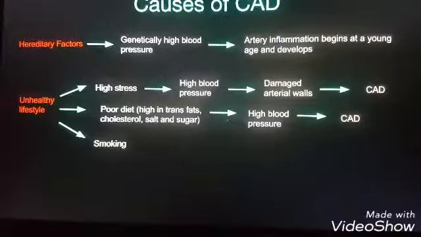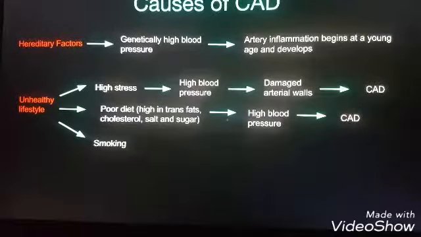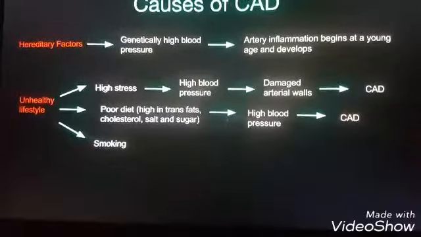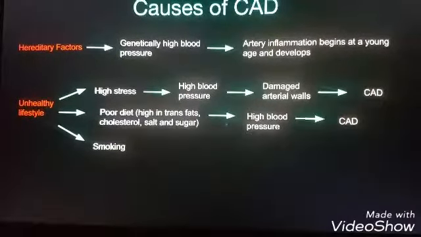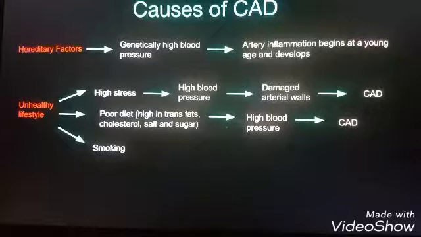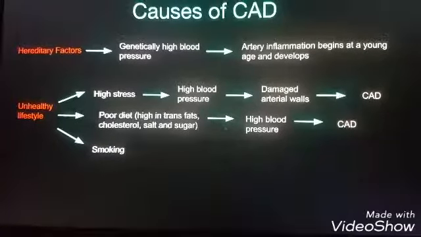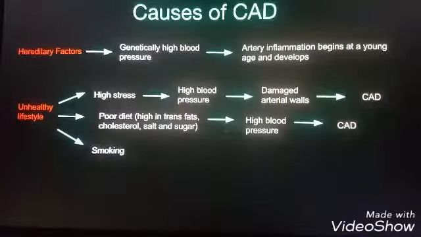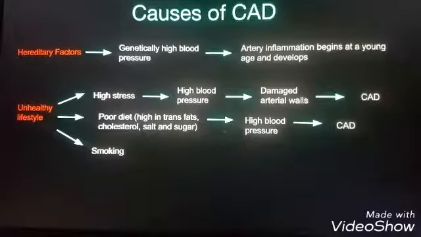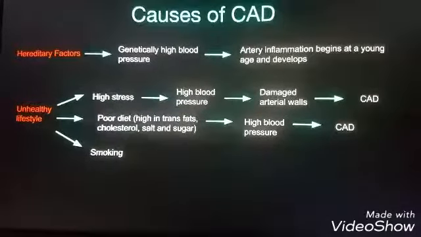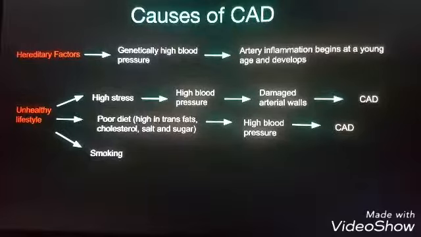And lastly, smoking. So right off the bat, some easy ways to reduce the effects of CAD and prevent further damage would be to improve your lifestyle. So reducing stress, reducing intake of foods high in trans fats, cholesterol, salt, and sugar, and quitting smoking.